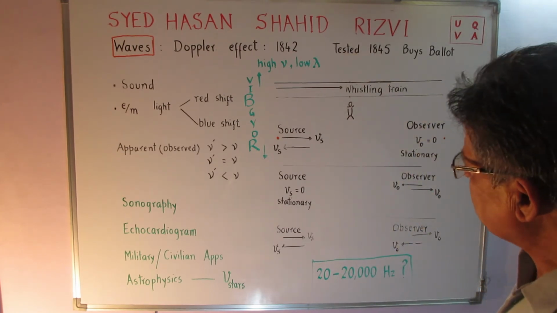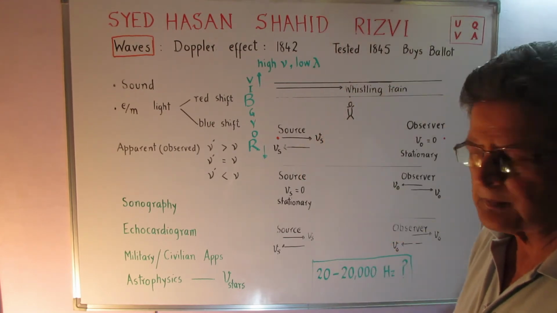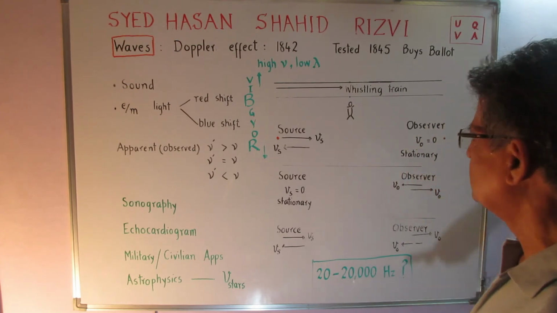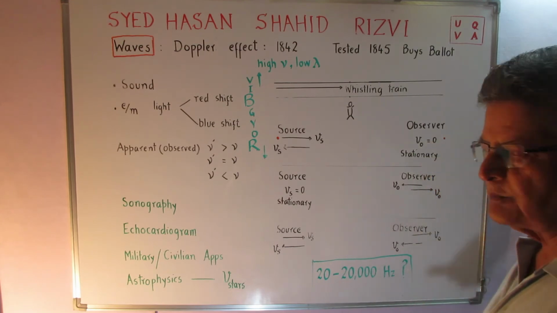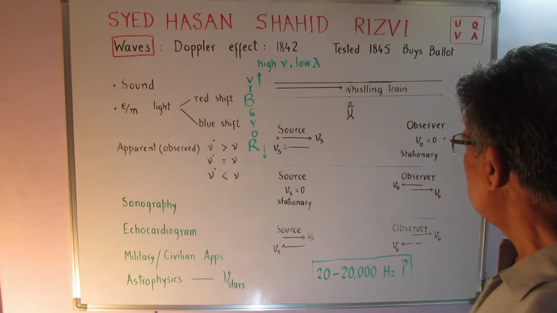In the first instance, the source is moving and the observer is stationary. It is there, it's not moving at all. So what happens?